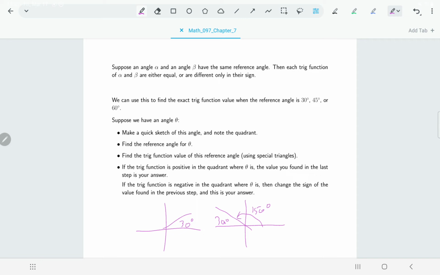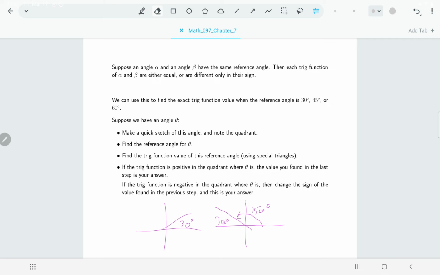And of course, whether they're the same sign or opposite in sign will depend on what quadrant we're in. So the big plan here is, if you were interested in finding sine of 150, you'd first draw the angle and think about your reference angle, which is 30 degrees, and ask yourself, what is sine of 30? Once you know what sine of 30 is, either sine 150 is equal to it, or it's the negative of whatever sine of 30 is.